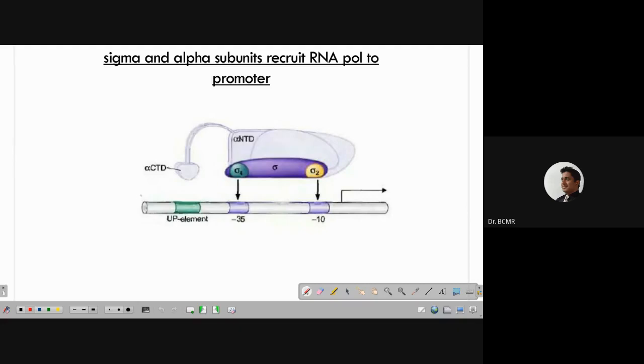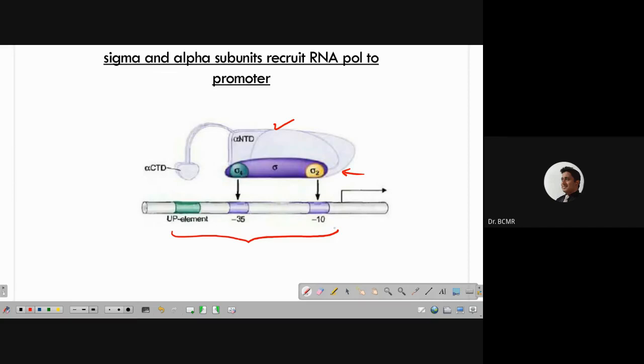Yes, welcome back to the chapter on transcription. We were discussing the sigma factor, and we are talking about prokaryotic transcription. We spoke about RNA polymerase, the importance of sigma factor, and the types of promoters.